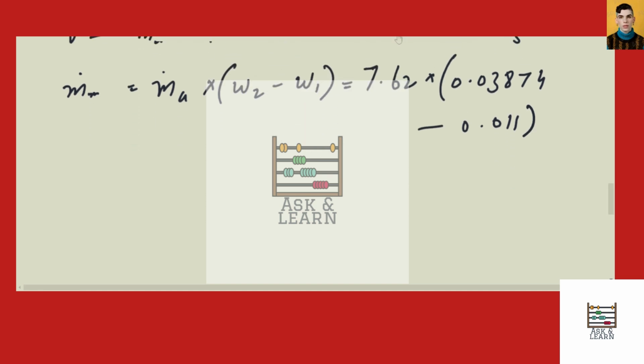So guys, the answer is Mm is equal to 0.21 kg per second.